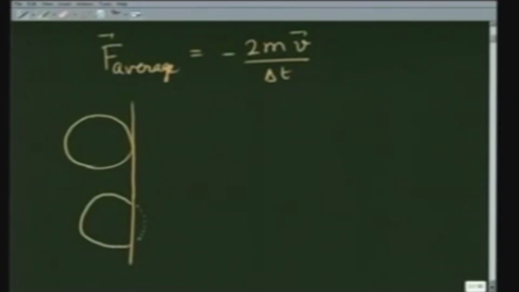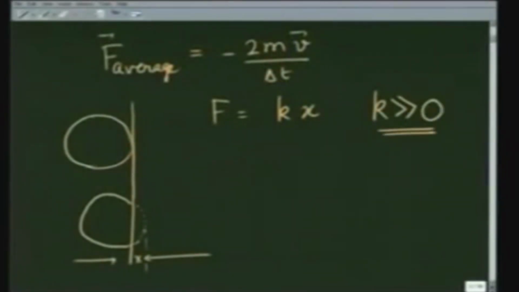Let us model the ball hitting this wall as if it gets squeezed in a simple manner like this, and the force it applies after being squeezed by an amount x, this being x, is F equals kx, and since this is a hard ball, k is much greater than 0.